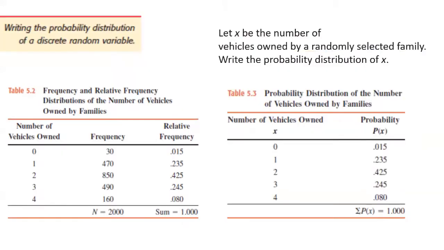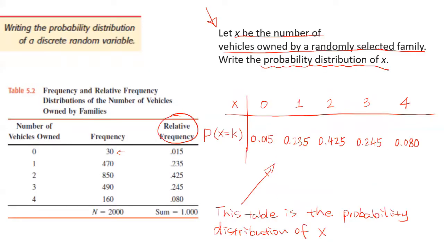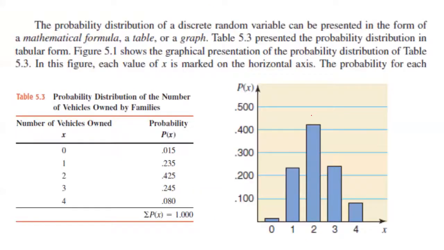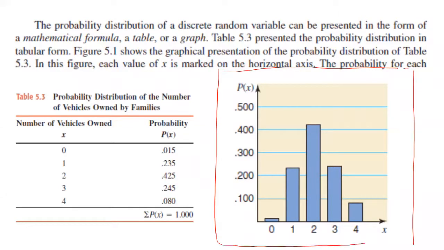Okay. Besides this table, there's another form that we can use to represent the probability distribution of X, which is a bar chart here. We can also use a bar chart to illustrate the probability distribution, in which the x-axis is all possible values that the random variable can assume, and the y-axis is the corresponding probabilities. Understand?